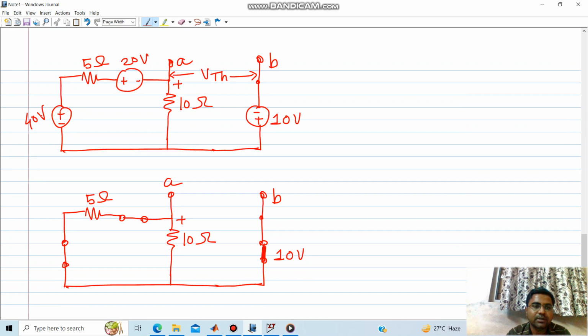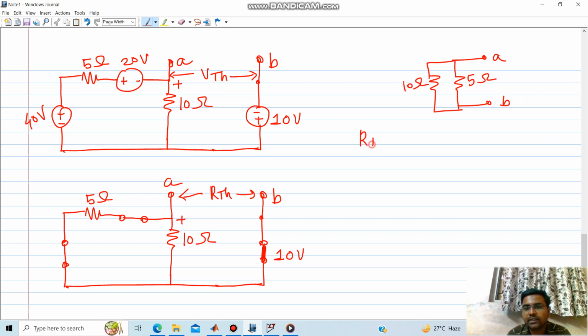After shorting the 40 volt, 20 volt and 10 volt sources, across AB I have to figure out R Thevenin. If I redraw this AB terminal, these two resistors are in parallel, one is 5 ohm and the other 10 ohm.